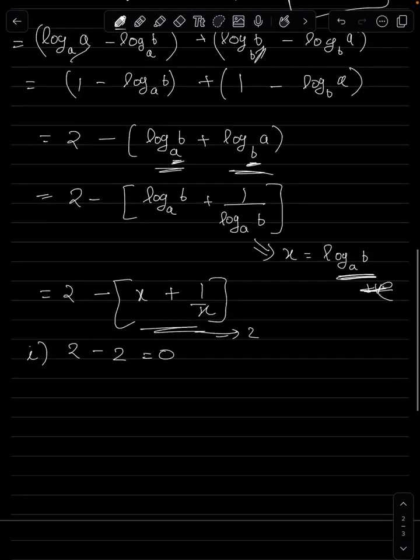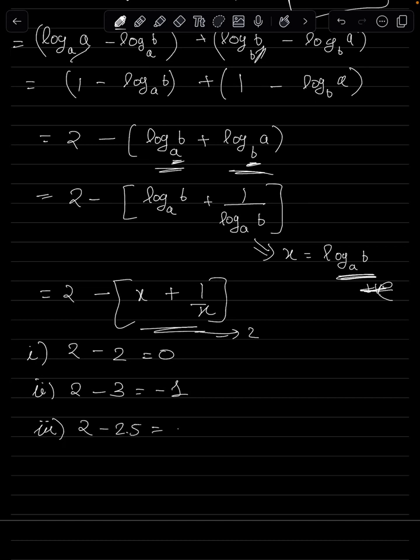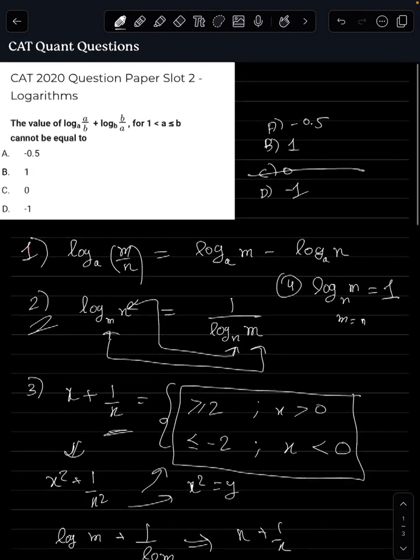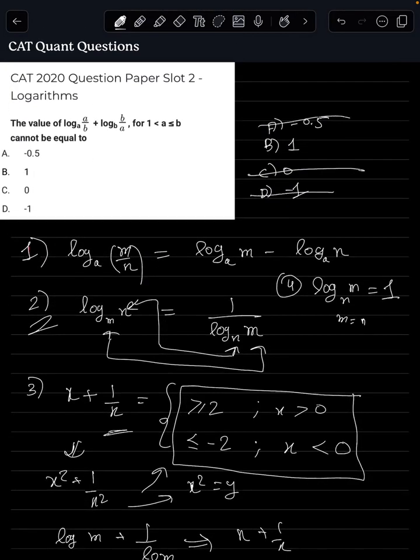Then as this value is greater than or equal to 2, like we have assumed 2, this can also be equal to 3. If it is 3, then the value will be minus 1. If it is 2.5, the value can be minus 0.5. So 0, minus 1 and minus 0.5 can be possible. So three options are cut. Clearly, the answer is B, 1.